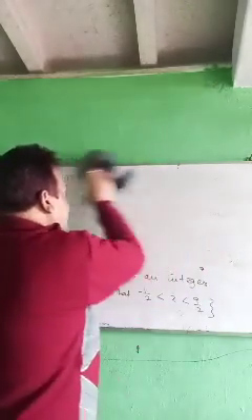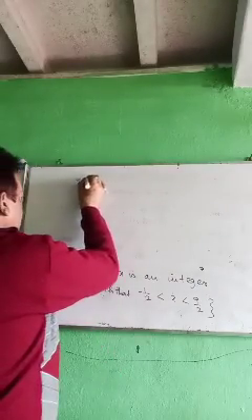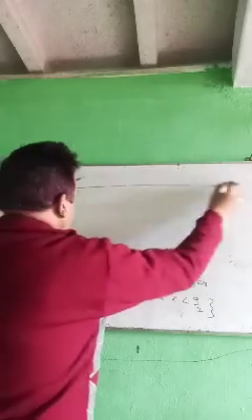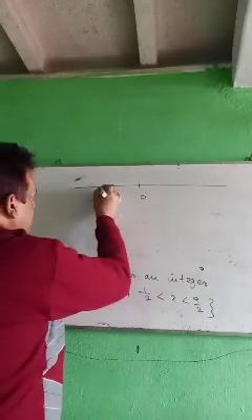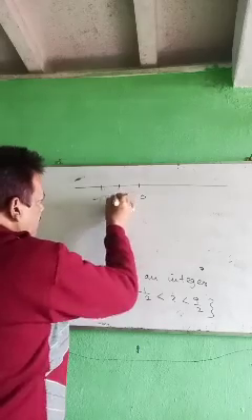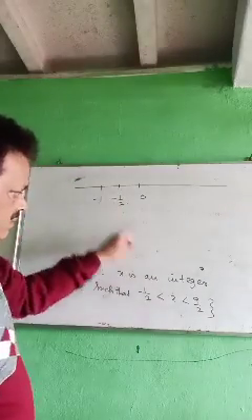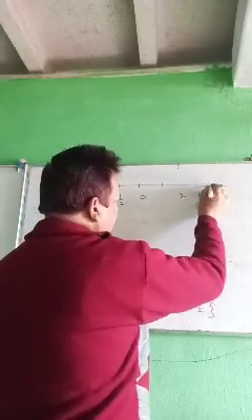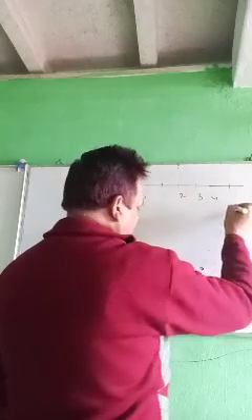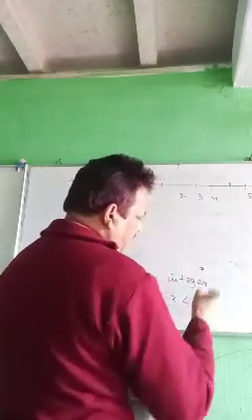So on the number line, this is your 0. This is minus 1. This is your minus half. So minus half you put here, and 9 by 2. 0, 1, 2, 3, 4, 5. 9 by 2 means 4.5.